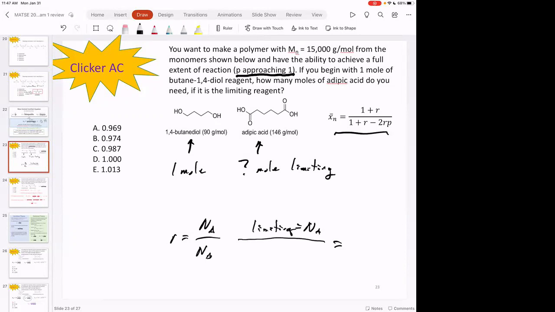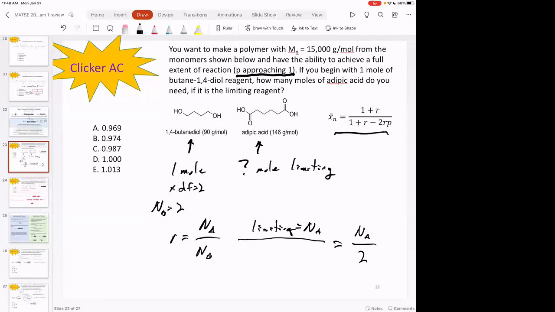So what's NB? 2 times DF equals 2 and B equals 2. Okay. So I still don't know R and I still don't know NA.